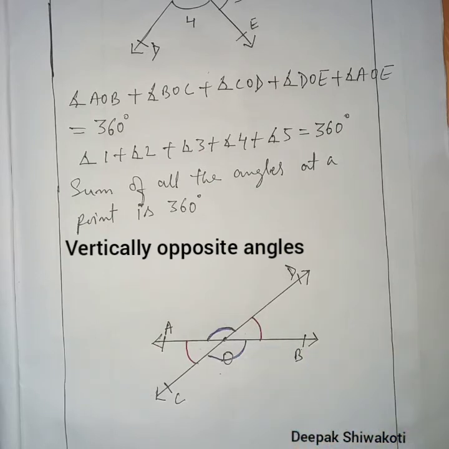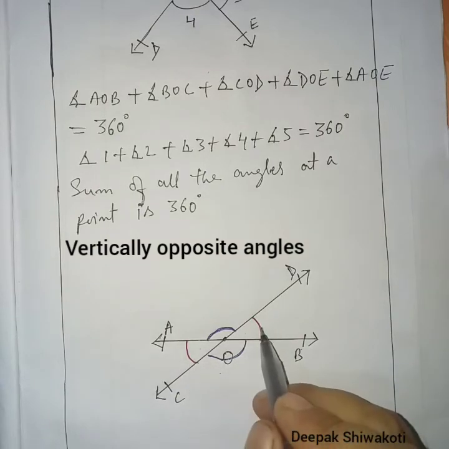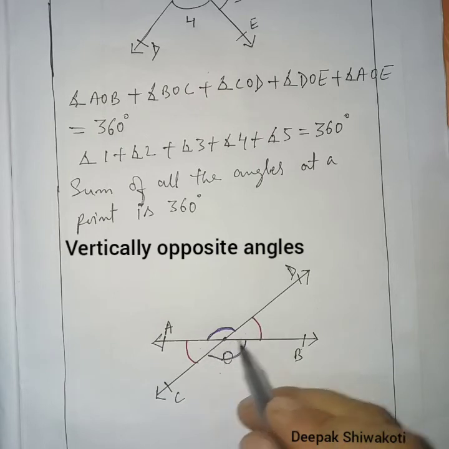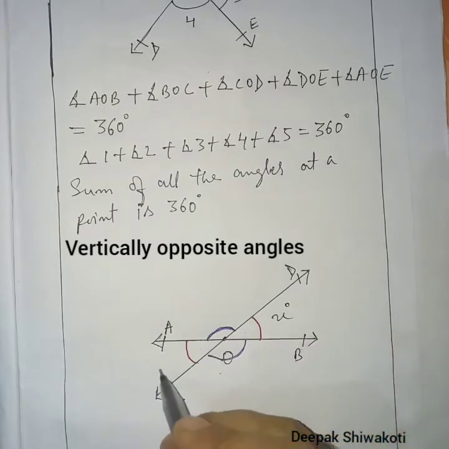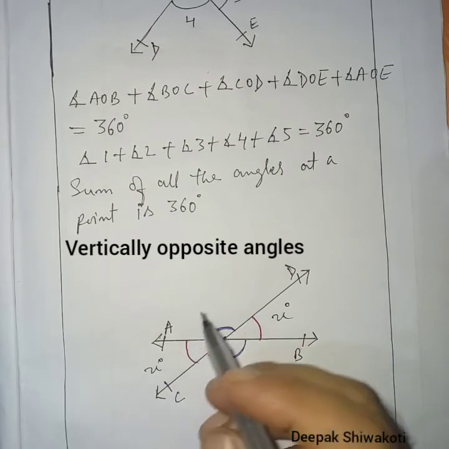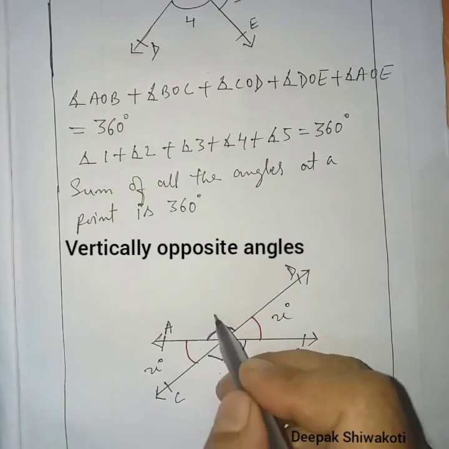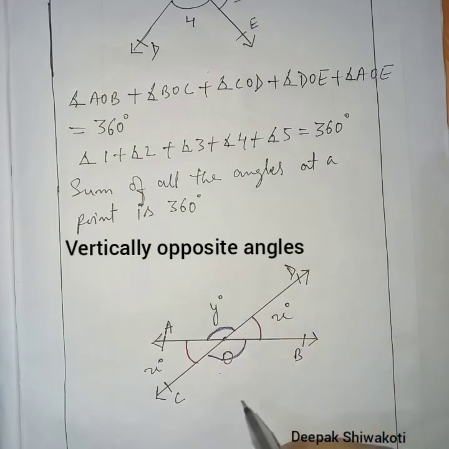In such a case, what happens? These opposite angles are equal in measure. Suppose this one is x degrees, then this will also be x degrees, and if this is y degrees, then this will also be y degrees.